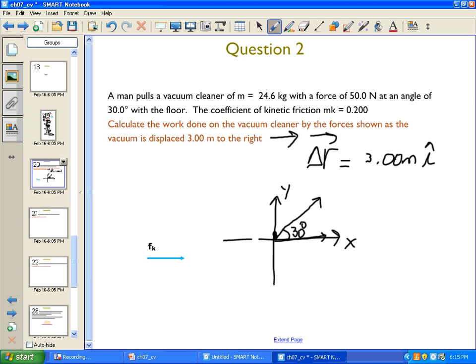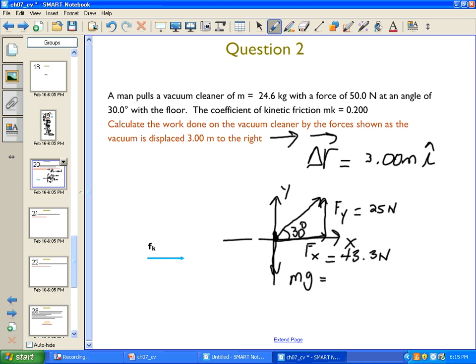So we have an F sub x, and we have an F sub y, and this will become important for us when we determine the work. We can calculate F sub x, 43.3 newtons, F sub y, 25 newtons. We know that the vacuum cleaner has weight. All objects on the earth have weight.